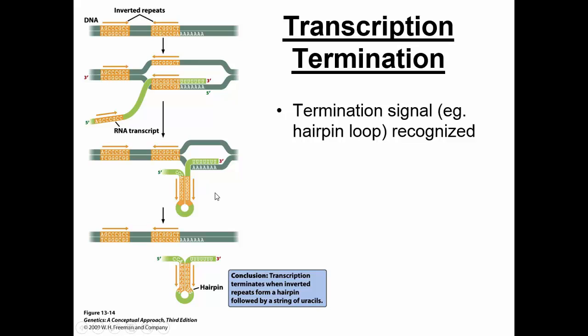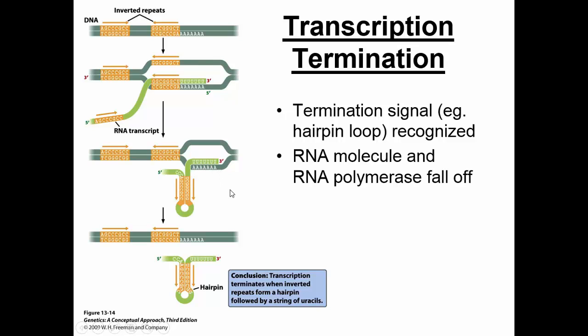Remember, C's and G's have three hydrogen bonds. So a string of two hydrogen bonds, although there's some strength, is relatively weak compared to a mixed sequence. When you get that bulky hairpin and that weak interaction between the U's and the A's, that causes the structure to fall off. So the RNA transcript falls off and transcription ends. The bulky structure and the weak interaction are what cause the hairpin structure to fall off.